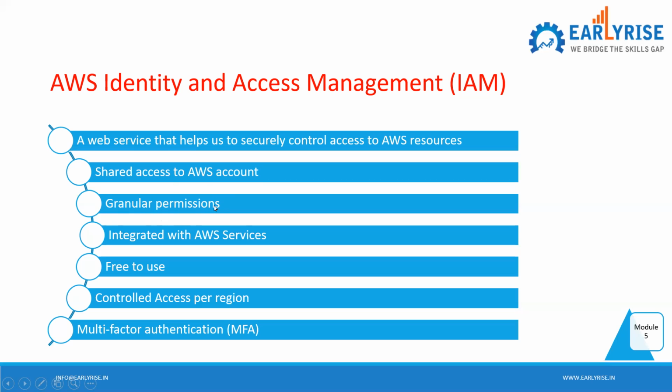Granular permission means for each resource, you can define who should have the access, or for a person, where he should have the access. So we can grant different permissions to different people for different resources. So that is granular.